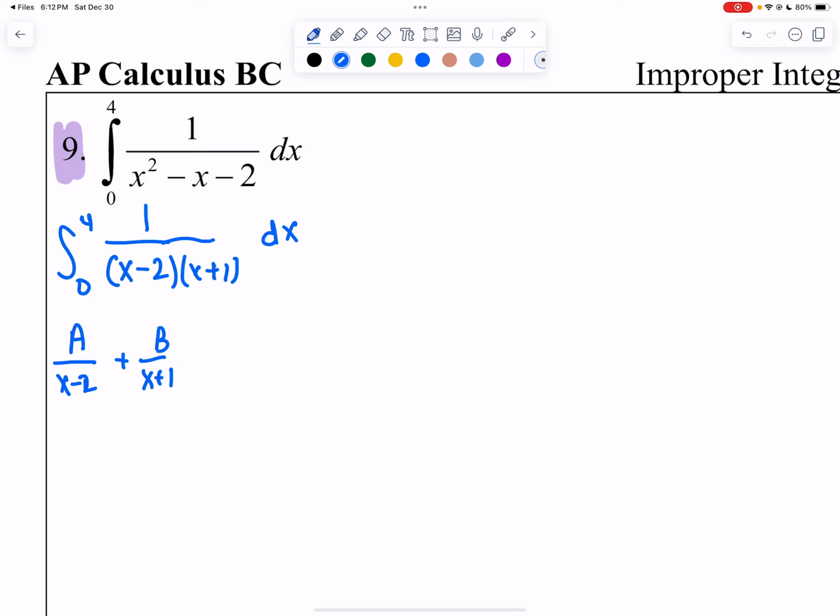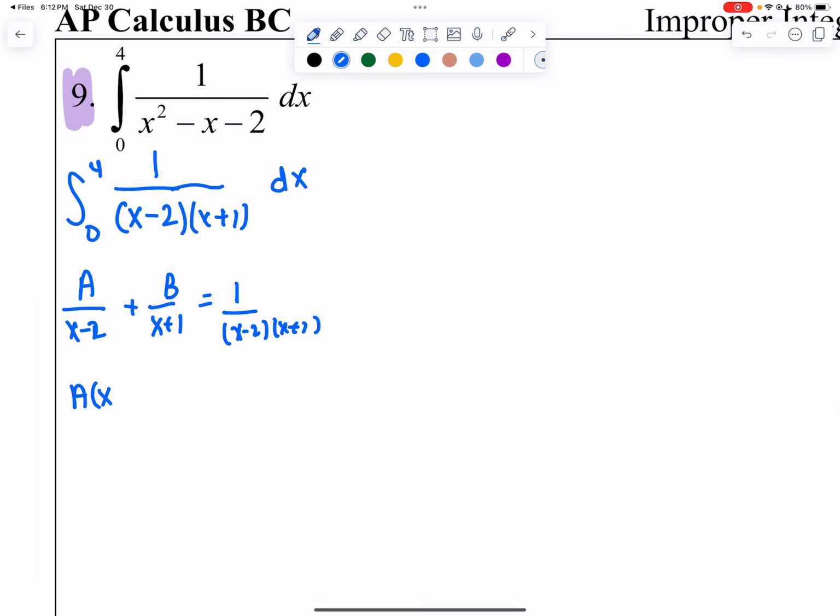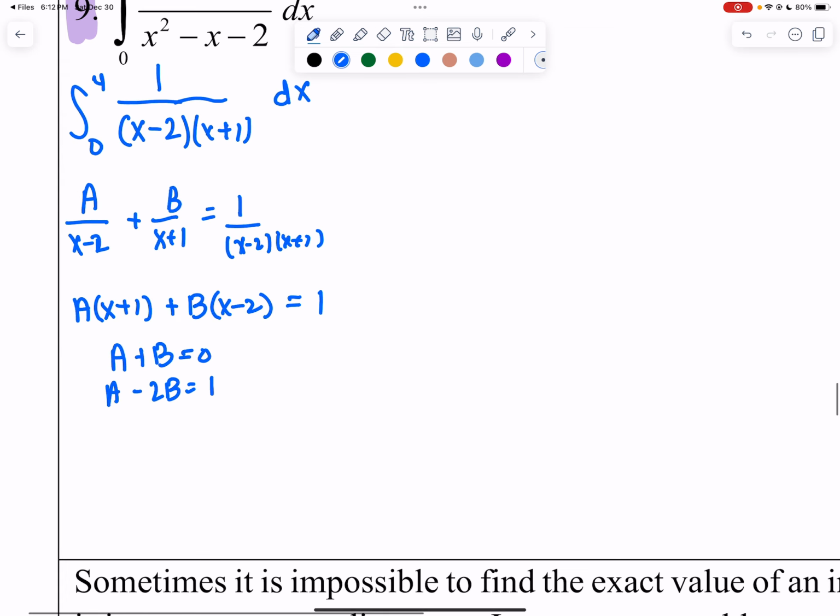What is it? 1, 2, go to 1. Okay, so x plus 1, x minus 2. You don't have any coefficient, so a plus b is 0. You have a constant, so a minus 2b is 1. Going to subtract.